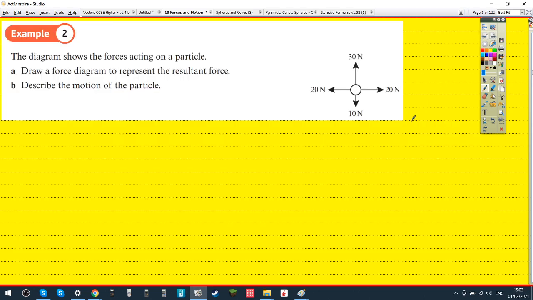Okay, any idea about this? So are we now just doing the same thing we just did?